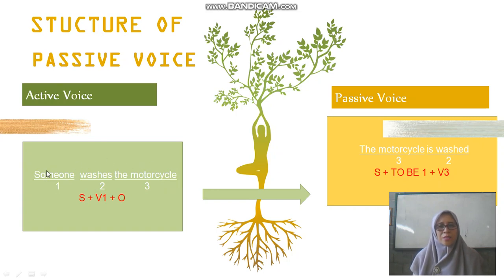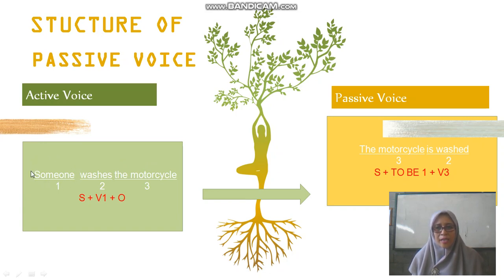Look at this one. Someone washes the motorcycle. Washes shows the activity in the present, so this sentence is called present simple. Now we will identify the subject, the verb, and the object.